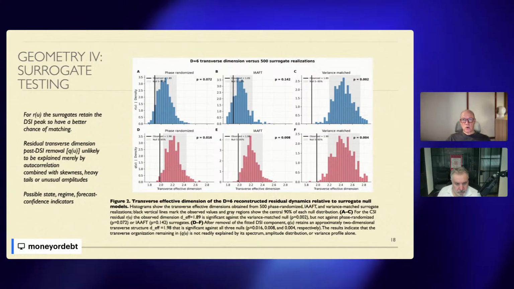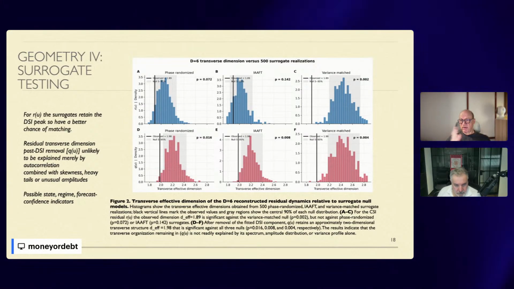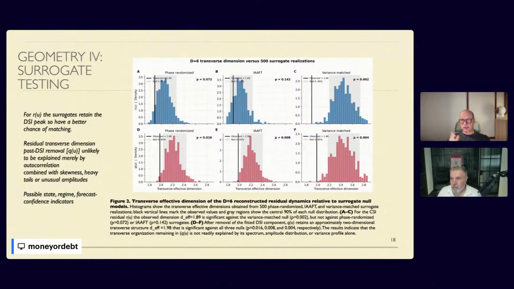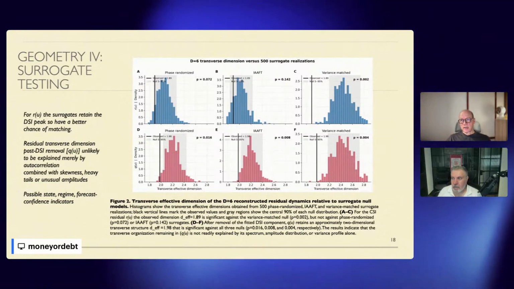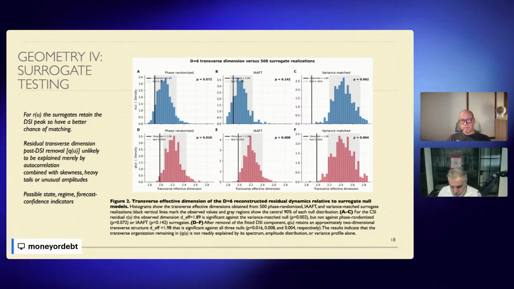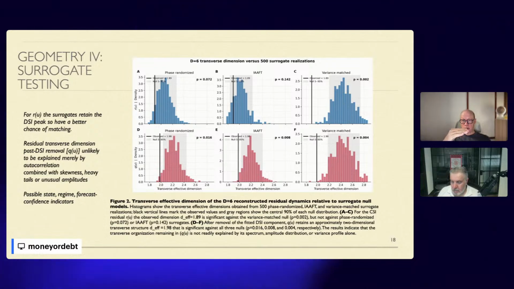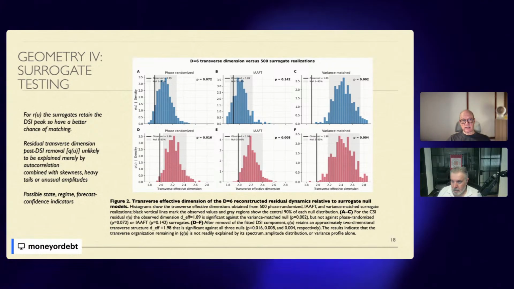Now, in the first row, with the first order residuals, it's not as strong. With the variance matching, it's less than 1%, and it's outside of the histogram, but there's some overlap at the sort of 10% level. And you like to see things at 0.05 or less, and we don't see that.